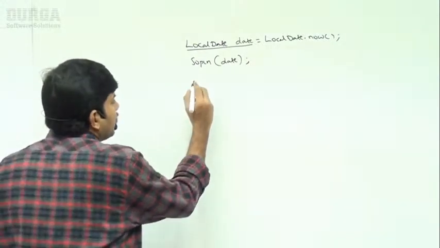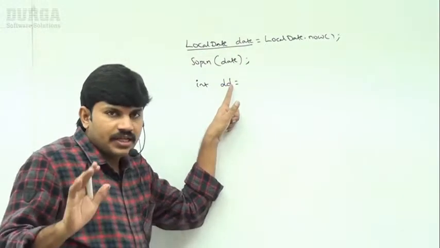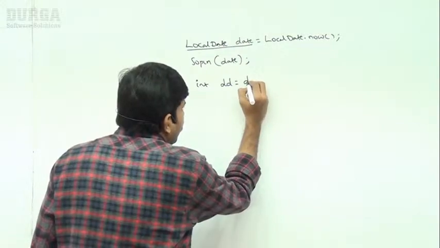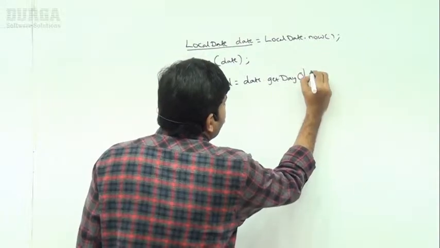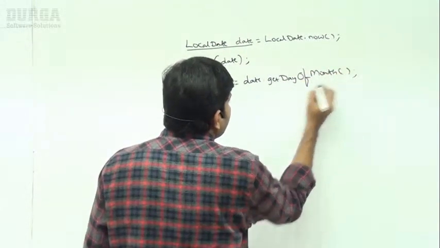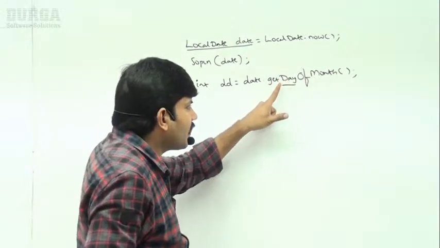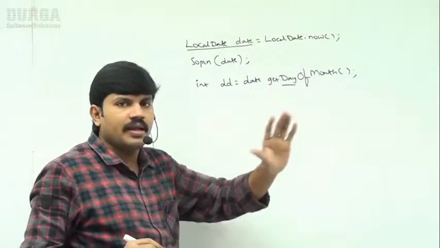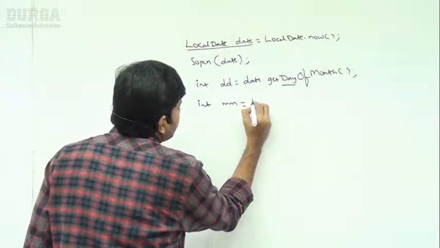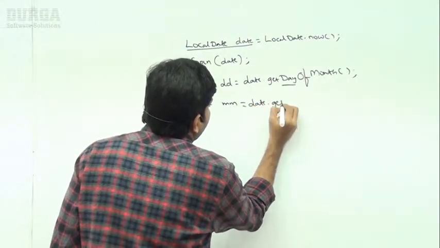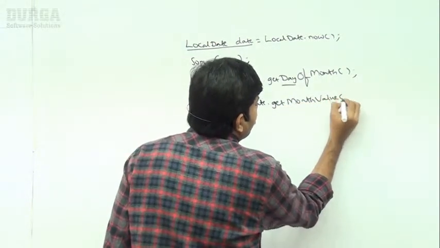Okay, just observe this. int dd = date.getDayOfMonth(). Sir, in the month, what is the day? getDayOfMonth. Is it clear for all of you, right? Yes, sir. Next, int mm = date.getMonthValue().